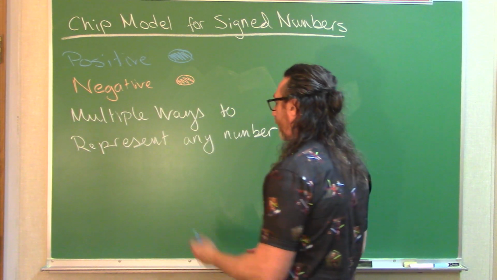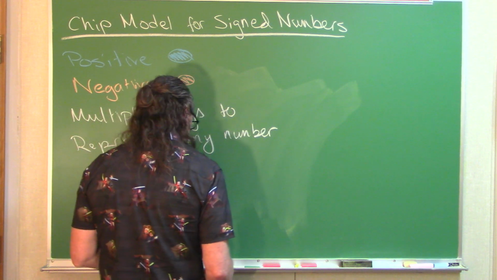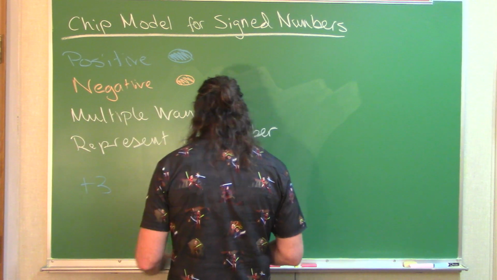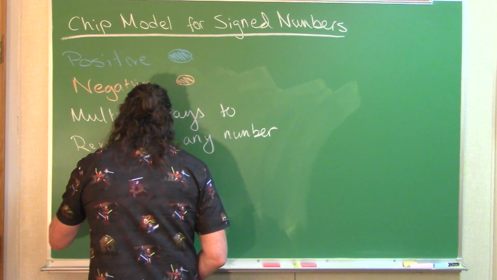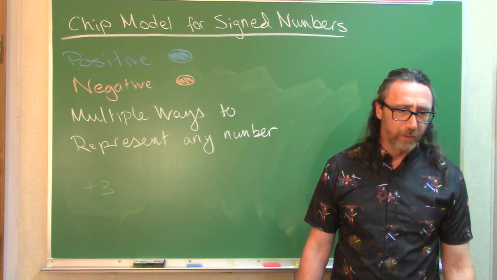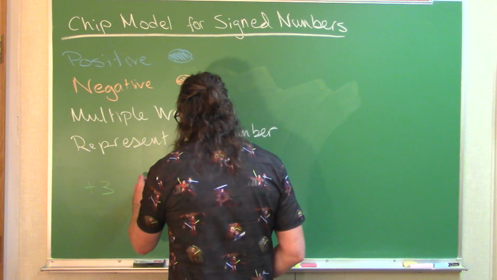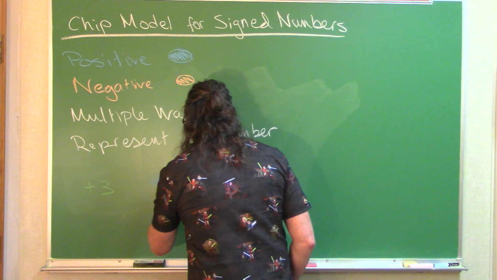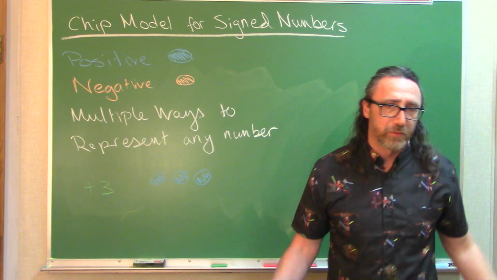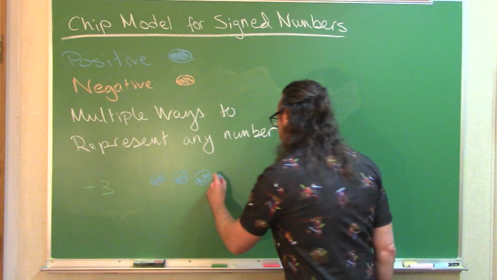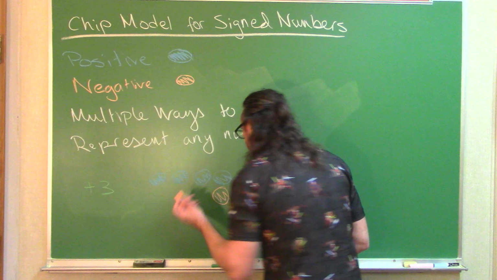So for example, if I wanted to represent the number positive 3, let me go ahead and write that in a different color than what my chips are. Okay, if I wanted to represent the number positive 3, one way I could do it is with 3 positive chips. Simple, right? But I could also do it with 4 positive chips and 1 negative chip.